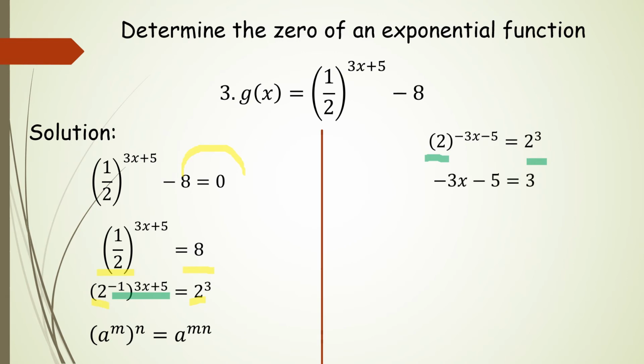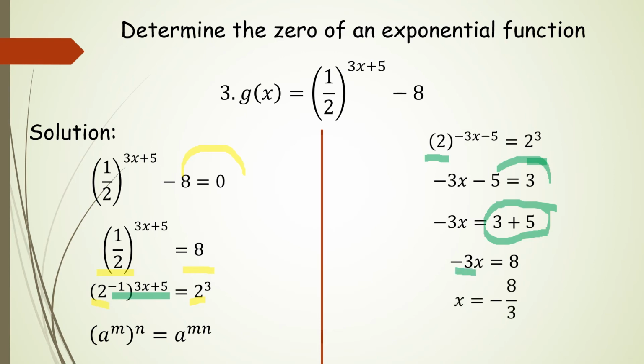We have negative 3x minus 5 is equal to 3. So, lipat natin yung 5 sa kabila. We have negative 3x is equal to 3 plus 5. So, add lang. We have negative 3x is equal to 8, dividing both sides by negative 3. So, we have x is equal to negative 8 over 3. Therefore, the zero of g of x is negative 8 over 3.